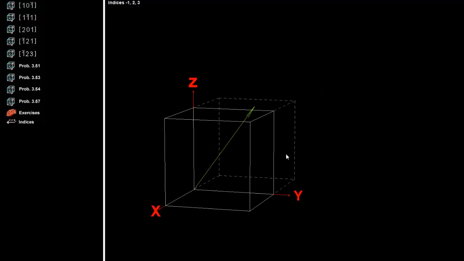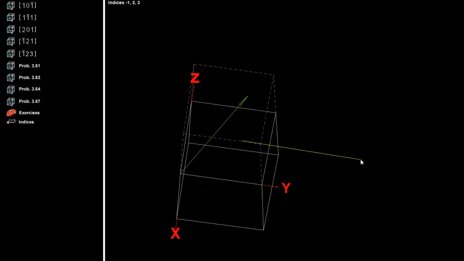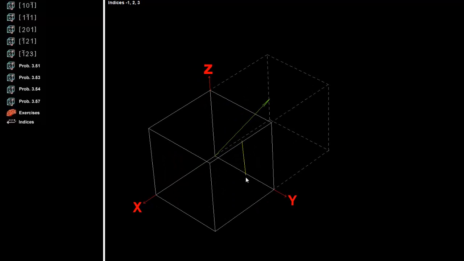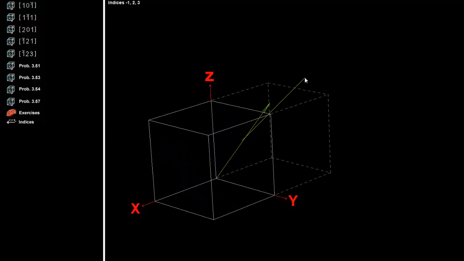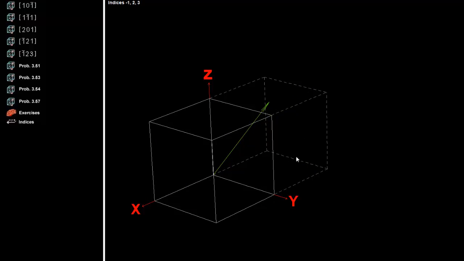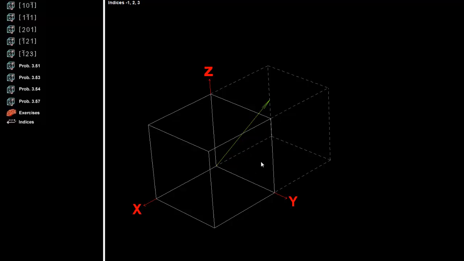Next is the 1 bar 2 3. So this can get, again, somewhat confusing, but it's the same principle. If I look at this from just this particular arrow and its length, I am coming out only about 1/3 in x.